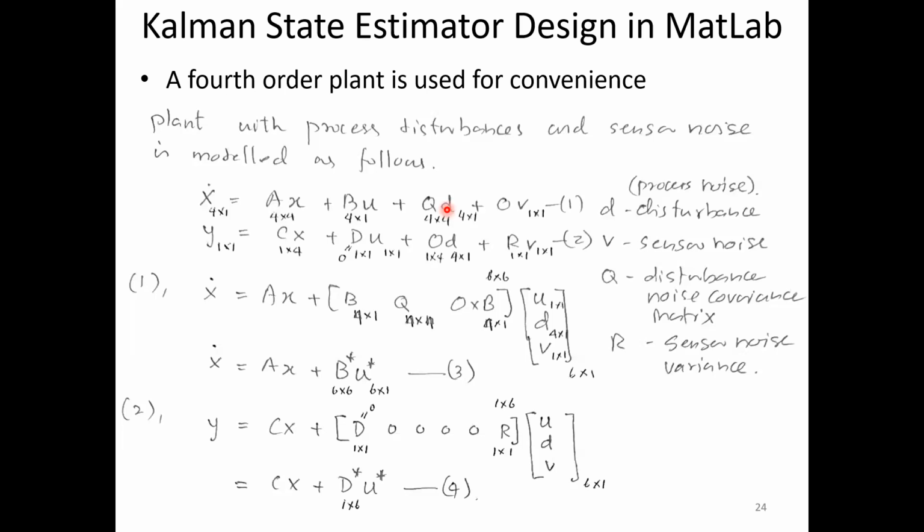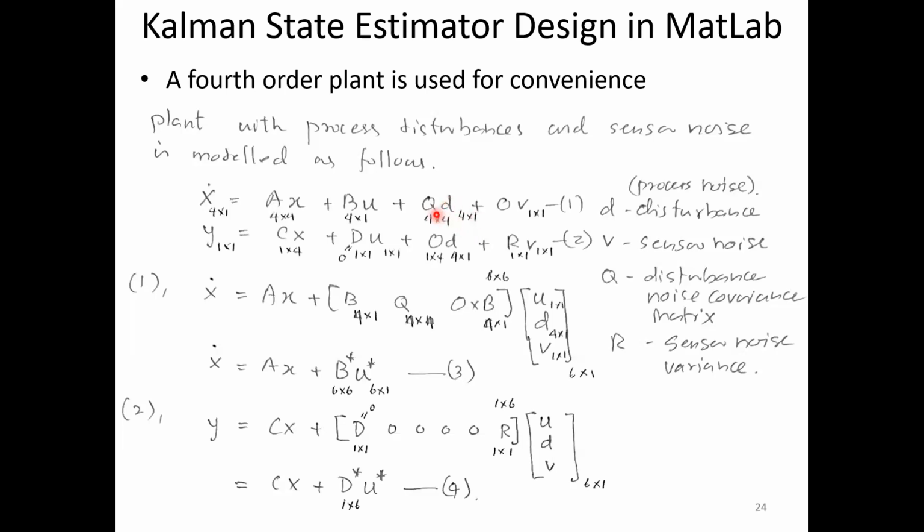It affects the first variable as well as the second variable, right? Position is affected by the random acceleration, and the velocity is also affected by the random acceleration. So therefore, when you write D, the disturbance, you better write it for every state variable. So therefore, it is also 4 by 1.